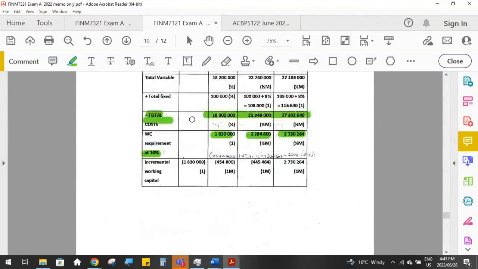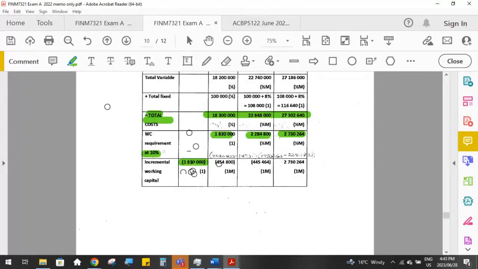So the beginning of each year, so 10% of year 1's total is what we require at the beginning of year 1. In other words, today at time 0, day 1 of year 1.